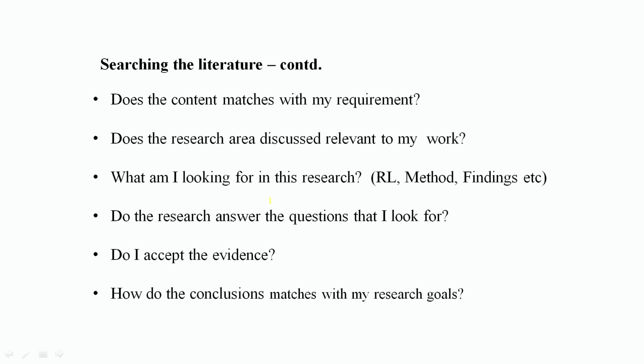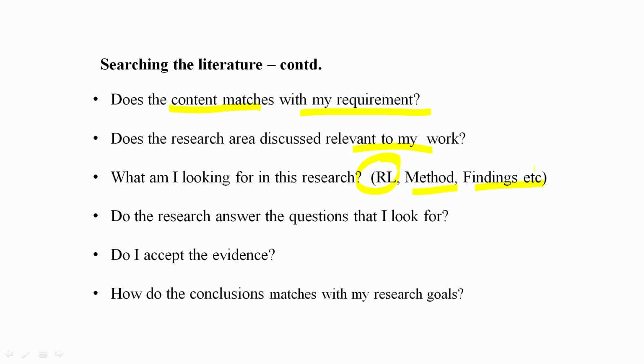A research scholar always looks into the content of a research article and compares whether it fulfills the requirement of the scholar. Number 2, whether that area is relevant or not. Number 3, whether that article or research provides relevant literature sources, methods or findings.